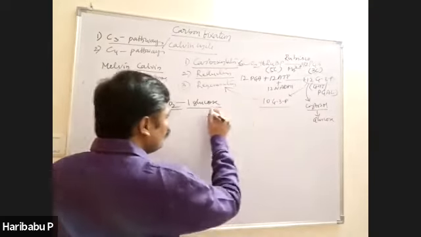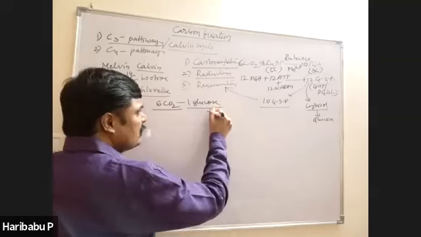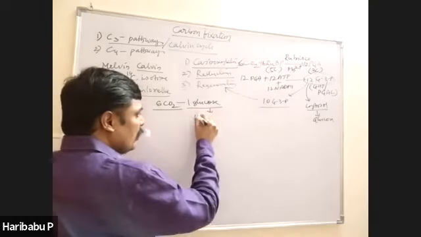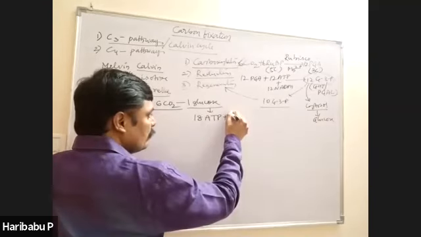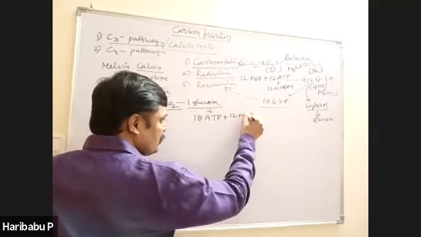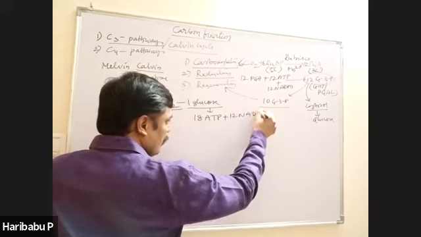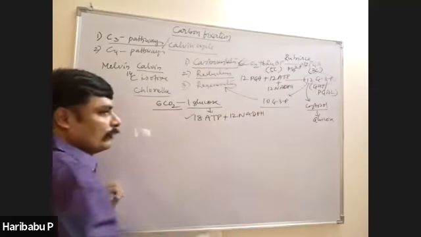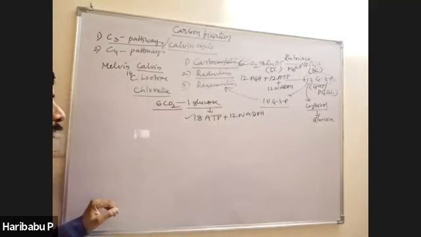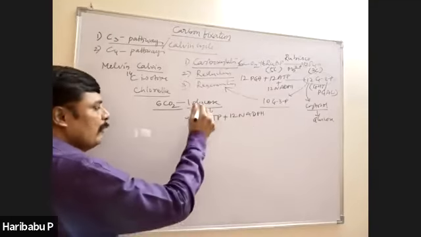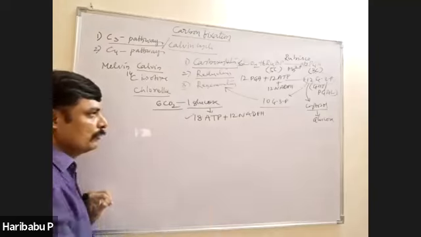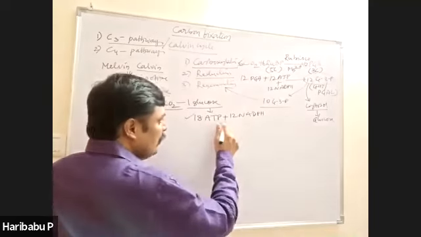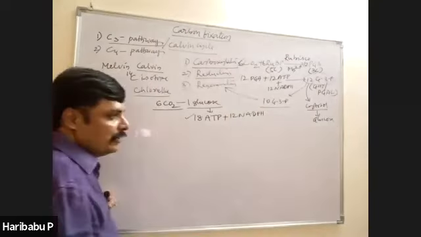For 1 glucose molecule in C3 plants, 18 ATP plus 12 NADPH are required. How much assimilatory power is utilized by C3 plants to synthesize 1 glucose molecule? 18 ATP and 12 NADPH.